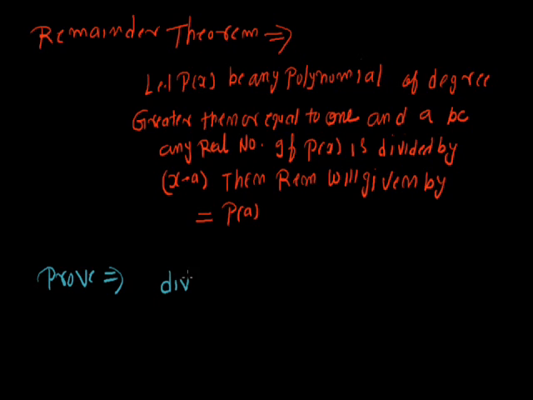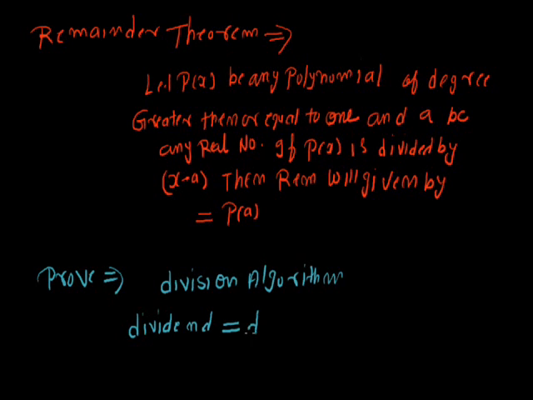The division algorithm can be written as: dividend is equal to divisor into quotient plus remainder. This is the division algorithm. Now, how can we use it to prove the remainder theorem?